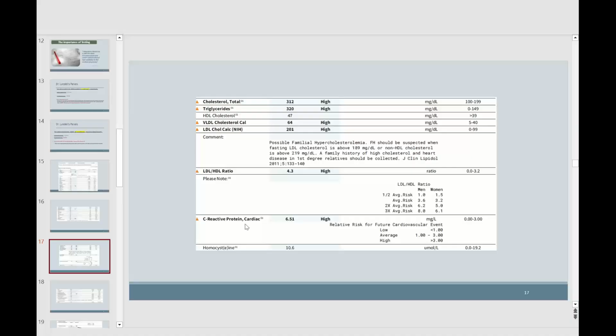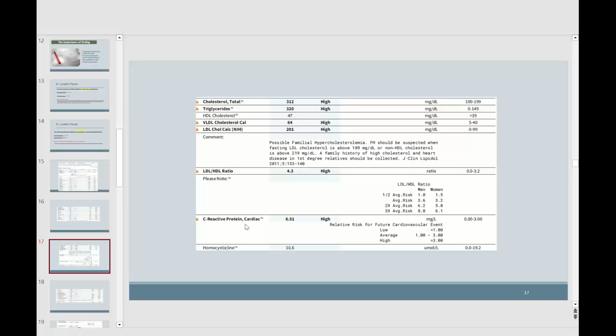So CRP being at 6.51, this is another marker that is very, very misunderstood, okay? Really, there's no safe level of CRP. It should be undetectable. It should be 0.5 or less. If you have any amount of CRP, even a 1.2 or 1.8, that's still a sign of systemic inflammation.